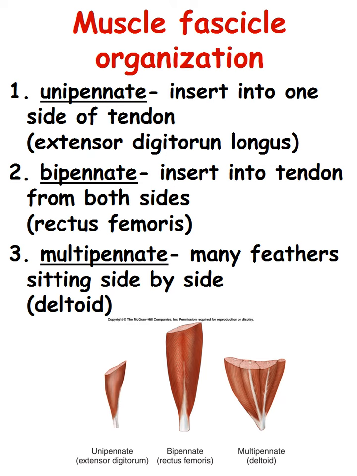The rectus femoris is an example of a bipennate muscle. And then the third one, a multipennate muscle, has branches of the tendon within the muscle. So the triangular deltoid that covers the superior surface of the shoulder joint is an example of a multipennate muscle.